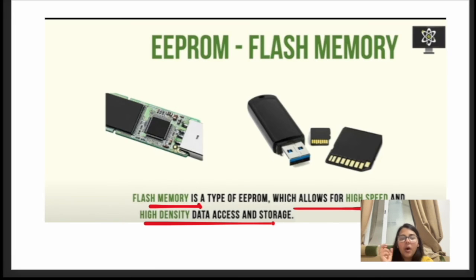I think we all are using this kind of memory. Am I right, students? Like we are using USB and SD cards also, and they are a type of EEPROM, and that allows high speed and high density data access and storage, but it has large erase blocks. Okay, so I think you are clear with this.